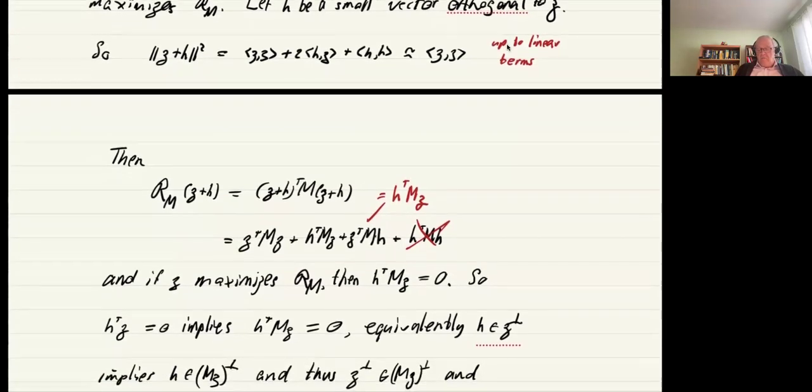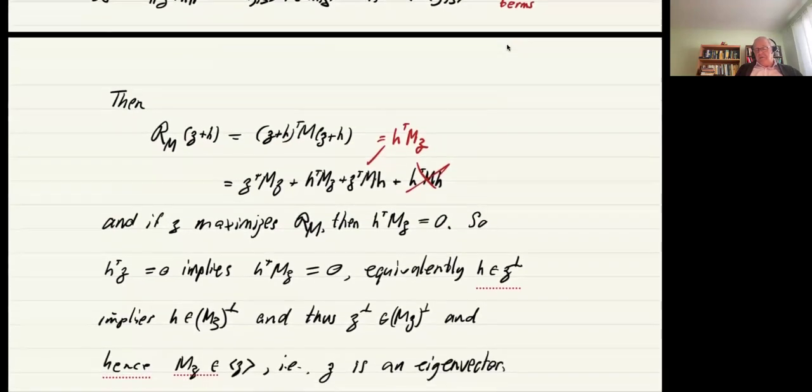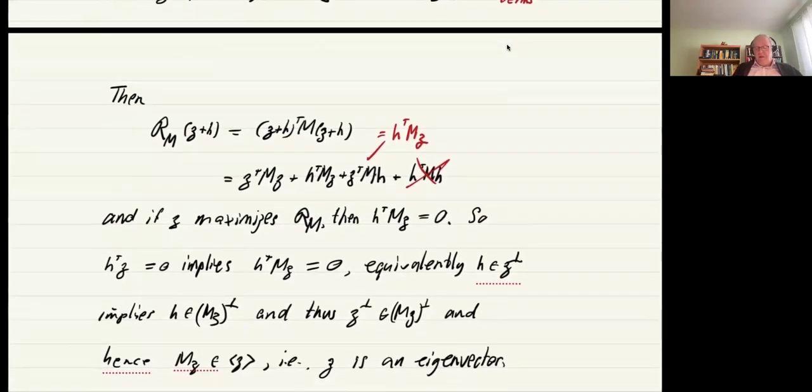Now I want to encode this in terms of subspaces. So what we've shown is if H transpose Z is equal to 0, then this is equal to 0. Or equivalently, H is in the orthogonal complement of Z only if H is in the orthogonal complement of MZ. So that says that the orthogonal complement of Z is contained in the orthogonal complement of MZ.